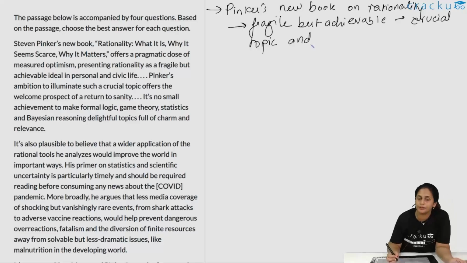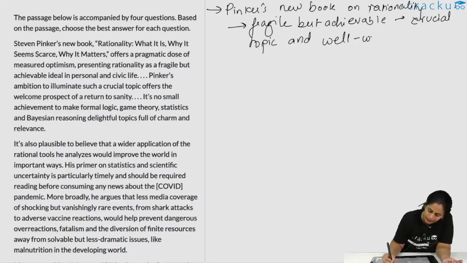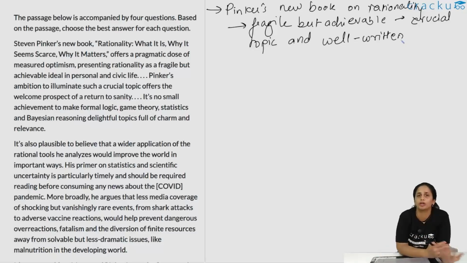He has written about difficult technical things with charm and relevance. This represents a return to sanity, and it is extremely crucial for public and civic life. So basically he has introduced the book and offered it praise.